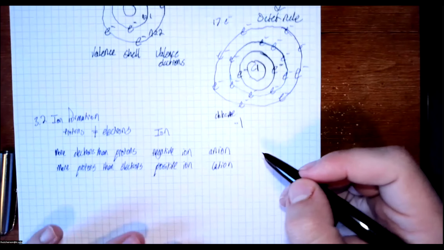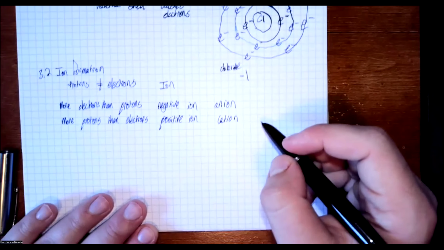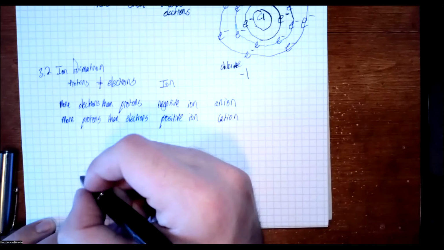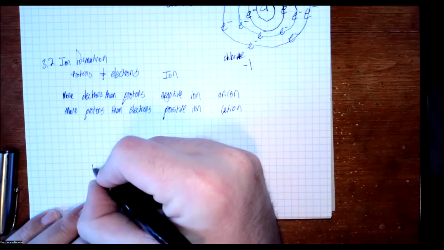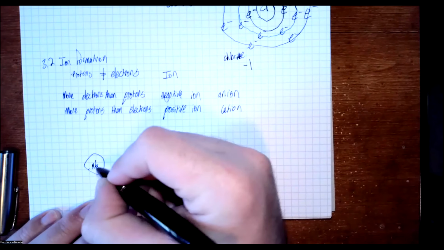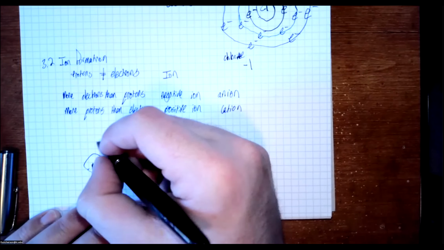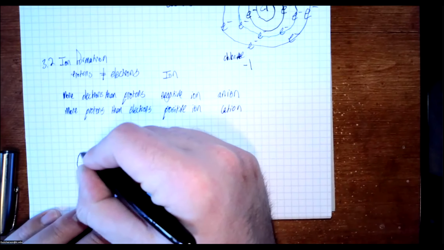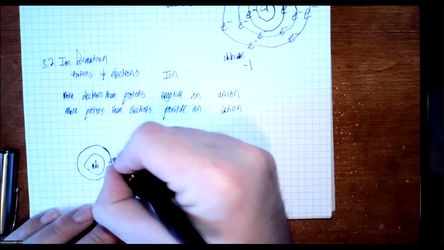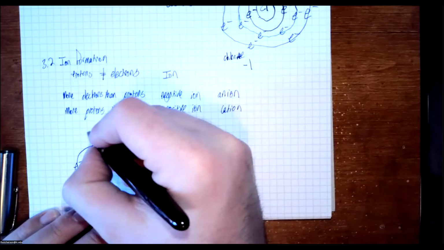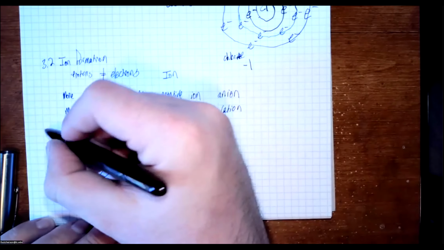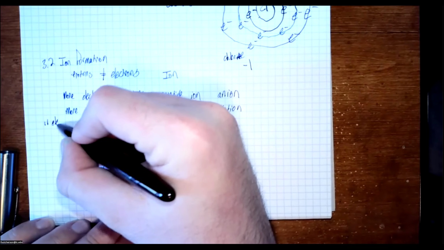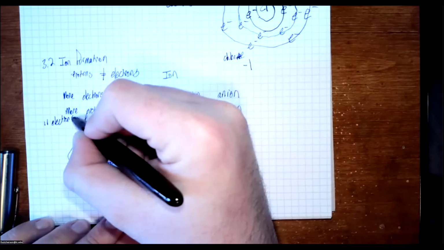All right. Now, let's look at a different possible example. Let's say we have a sodium atom. Sodium has 11 protons, so let's look at our n equals 1 shell. We're going to have 2 electrons in it. Our n equals 2 shell, we're going for 8 electrons total.